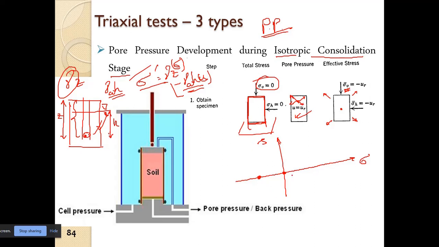This is the effective stress, and this is the total stress, which is 0. So sigma 1 and sigma 3 are the same, so we have the same point here. Here also sigma 1 dash and sigma 3 dash are the same, which is minus ur, so we have this.